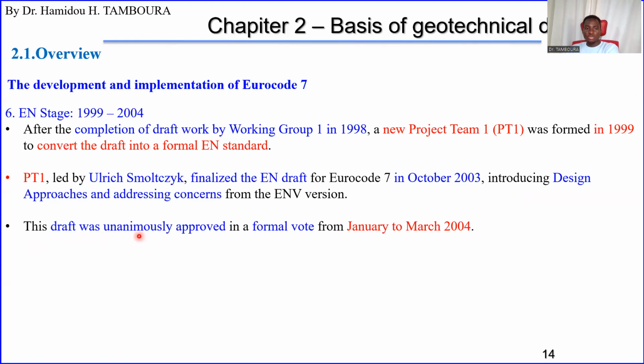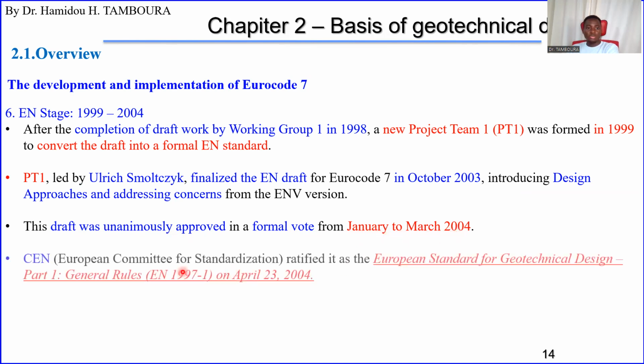So this draft was unanimously approved. They used a vote, from January to March 2004.